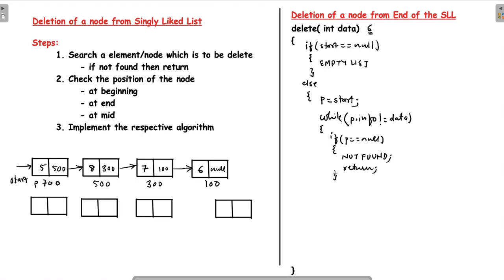And if the data is not there, till then you will be moving your p to the next location. We'll be discussing this in detail. Okay, so what will happen?